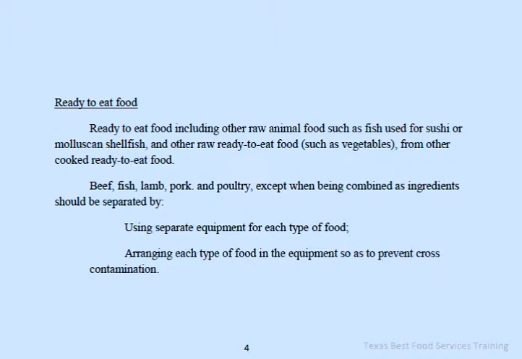Beef, fish, lamb, pork, and poultry, except when being combined as ingredients, should be separated by using separate equipment for each type of food, or arranging each type of food in the equipment so as to prevent cross-contamination.